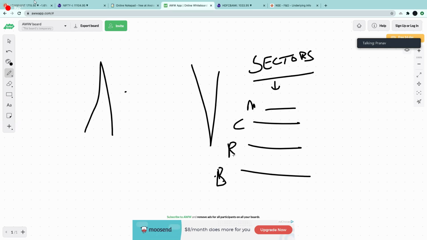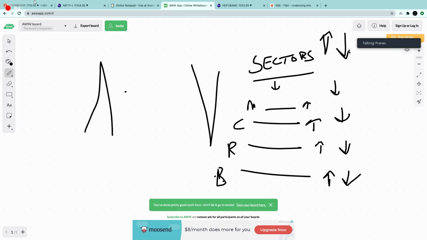The economy is such that every sector is interrelated. So when everyone is doing good, you will obviously have their stock price moving up, which is why the index moves up. And when everyone is doing bad, that's when the stock price moves down and the index also moves down.